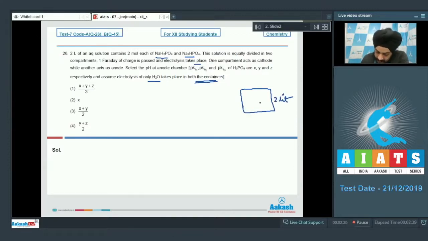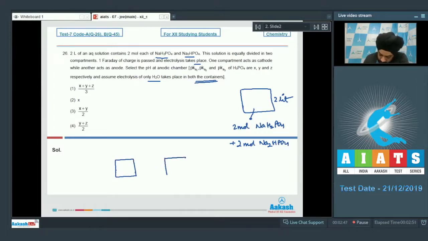This 2 liter solution contains 2 mole NaH2PO4 along with 2 mole Na2HPO4, and now this solution is divided into 2 equal solutions of 1 liter each.